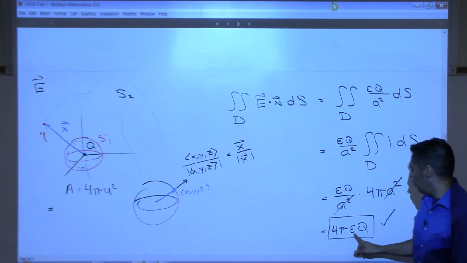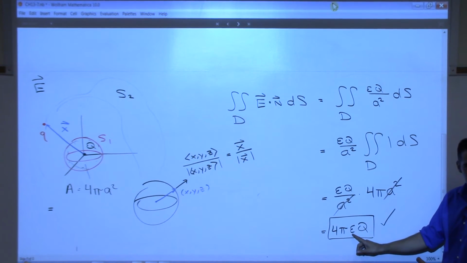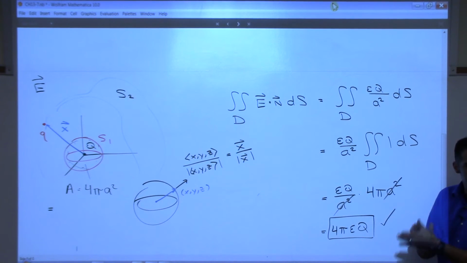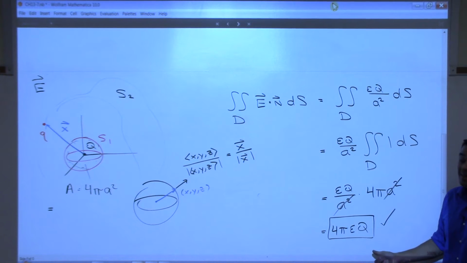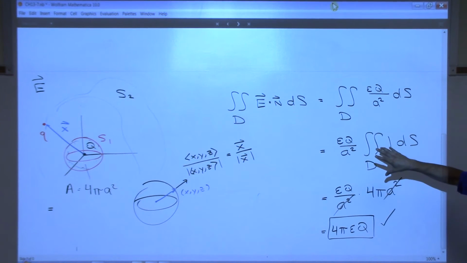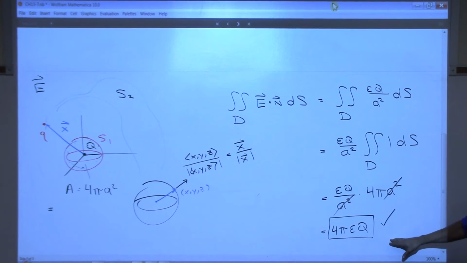Take that, multiply it times the constant, which has to do with the units you're in, multiply by 4 pi, you're done. This was to show you where that formula comes from, and they all come from something, right? All these formulas come from some mathematics, and I wanted to illustrate how the divergence theorem is used to generate a formula like that.